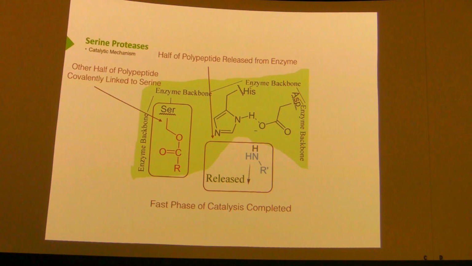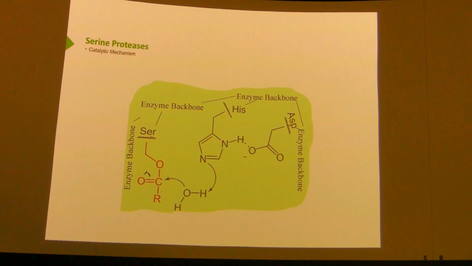Right? Well, it turns out, as I said, the environment of the active site is such that water can come in, and we see water entering the active site here. And when water comes in, water looks an awful lot like the serine's hydroxyl looked to that histidine.